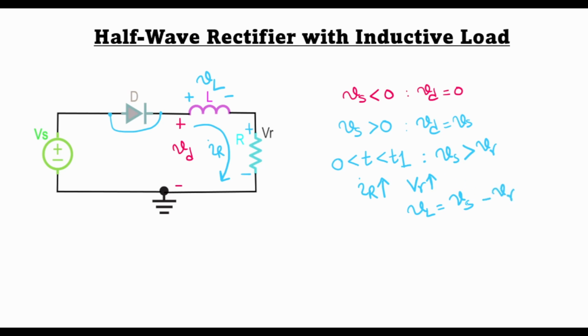So Vs is greater than VR, thus VL is positive, and the inductor is essentially storing energy in its magnetic field during this time duration from 0 to t1.